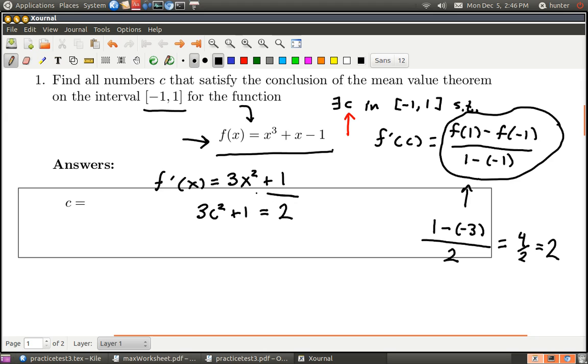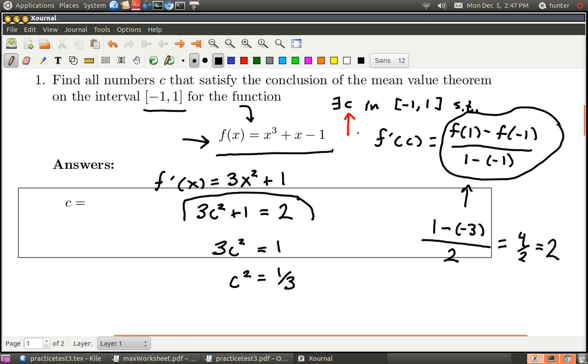The main event is solving this, so just use regular algebra tricks. First get rid of this 1: subtract 1 from both sides, and that gives you 3c squared is equal to 1. Now divide both sides by 3, so c squared is equal to 1/3.